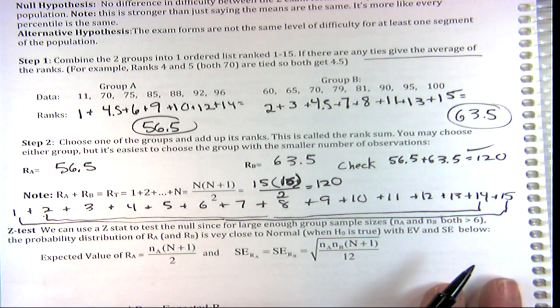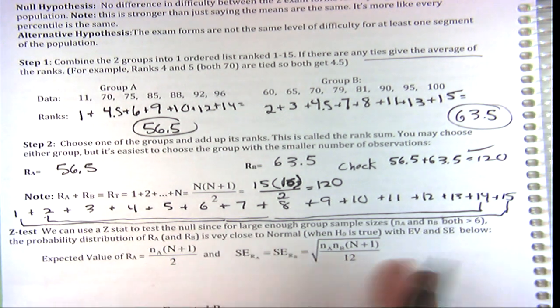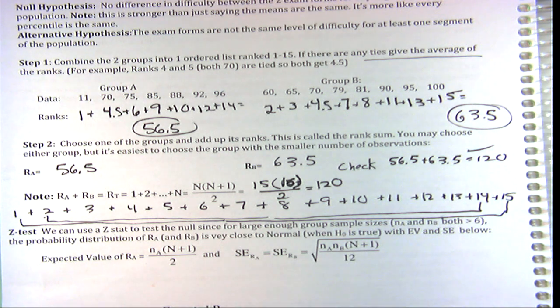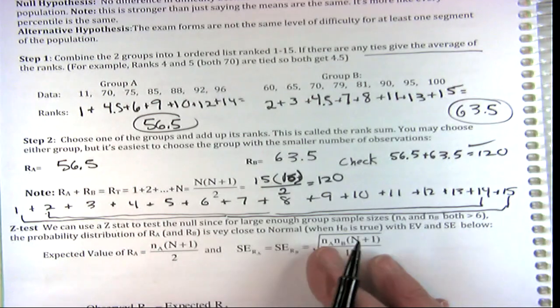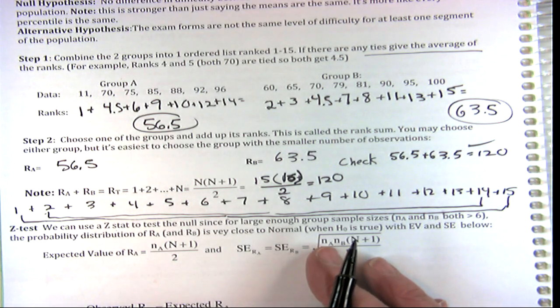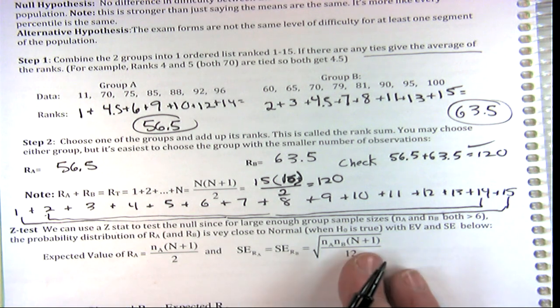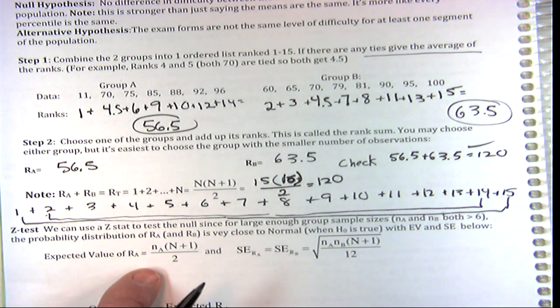And you can see that because we're just taking the sums of numbers, and it's a uniform distribution, so the distribution of the sum, or the average, is going to look normal very soon because of the central limit theorem. So the expected value for each group is going to be this.